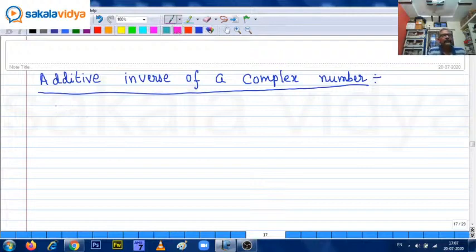Suppose, let Z is equal to a plus ib, then multiply both real part and imaginary part with minus sign.